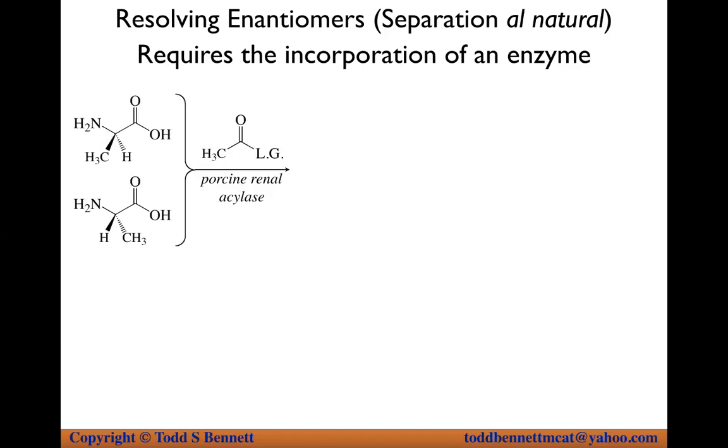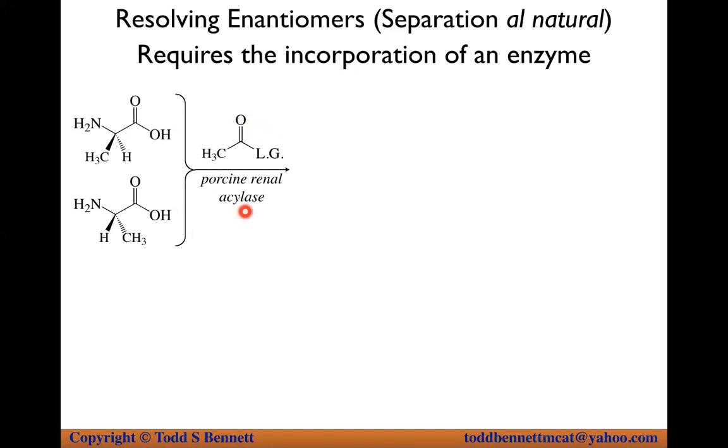But the basic gist is this, enzymes are able to recognize one center because they are chiral themselves. So an L might fit, whereas a D may not, or a D may fit and an L may not. So they can select. So one of the early techniques that they used, and they still do to some extent, it's a little bit tricky, but when you have something really expensive, they usually employ this.